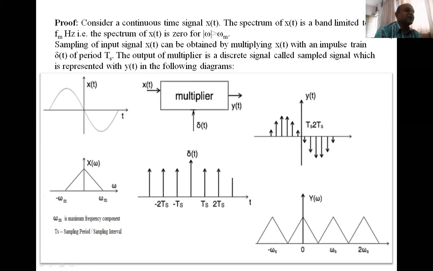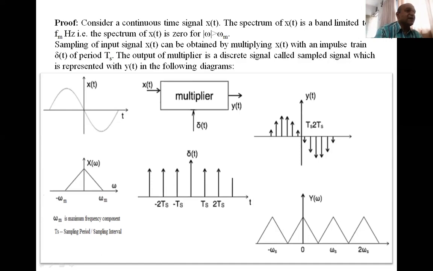You can clearly see that delta of t is a periodic impulse train with fundamental time period equal to Ts. Here delta of t is on the y-axis and t is on the x-axis.